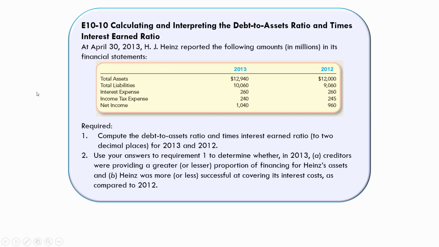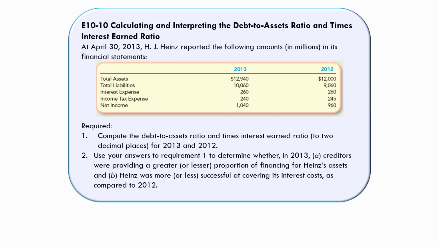Next, we're going to look at the ratios that need to be calculated associated with debt. And here we have the numbers for 2 years. In the first one, you have assets, you have liabilities, and you can assume by looking, if we wanted to, we could also calculate equity by taking assets minus liabilities, couldn't we?